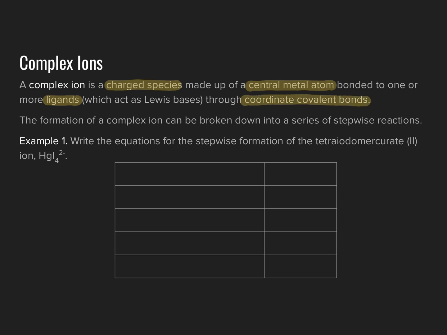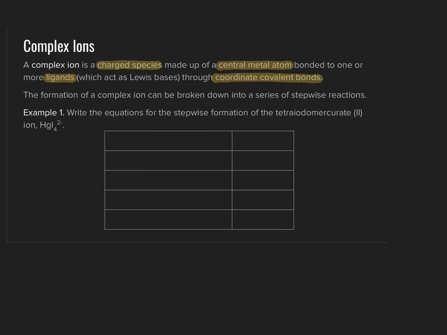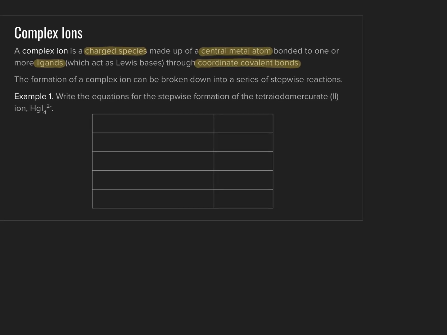Now, with this definition in mind, you may remember forming complex ions with the copper-2 nitrate solution to which we added excess concentrated ammonia. The copper-2 nitrate solution contains copper-2 ions, and the positive charge on those copper-2 ions is likely going to attract negative charges anywhere within the solution.